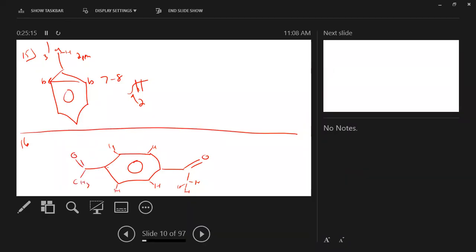So that's your compound. Any questions so far?